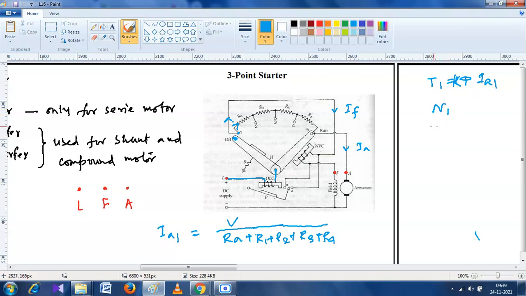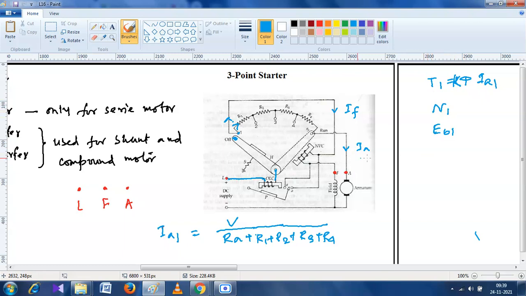Due to that, a back emf will be generated due to this speed.